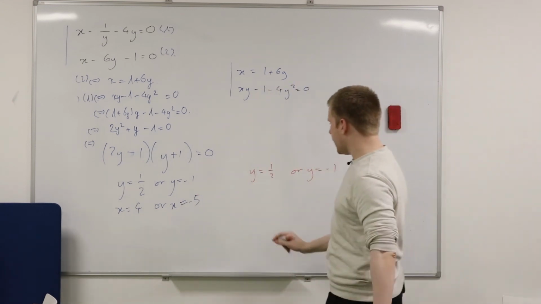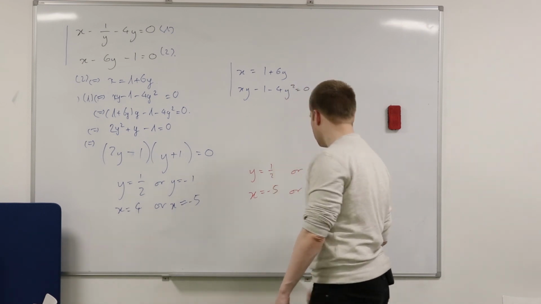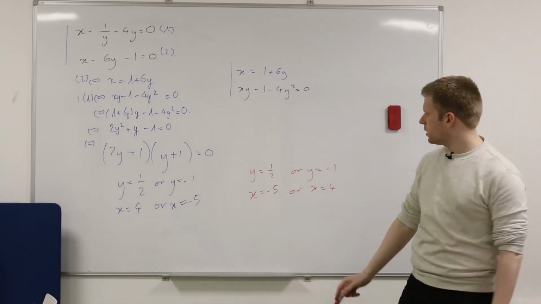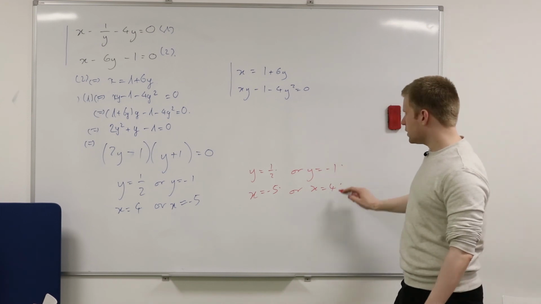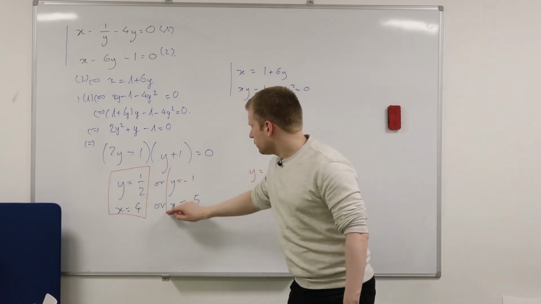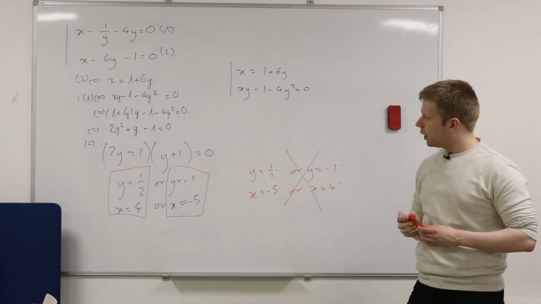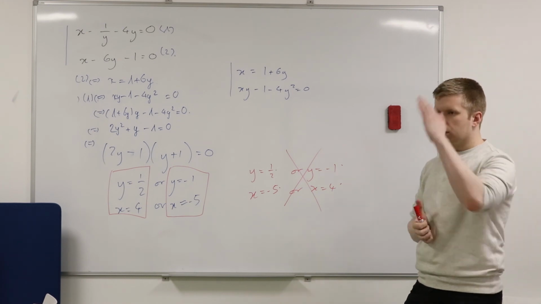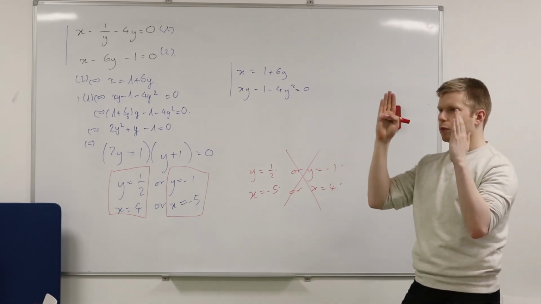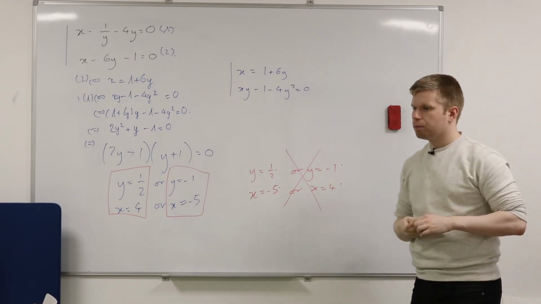And then you go, okay, so then x, well, it's -5 or it's 4. Yeah? You're happy that doesn't make sense because that doesn't match with that and that doesn't match with that. So always try and keep them matched together. Remember that these are coordinates. They're the intersection points. Okay, so always try and make sure they're matched up. So the first one comes with the first one, the second one comes with the second one. If you have a third one, it has to come with the third one, and so on. Is that okay?